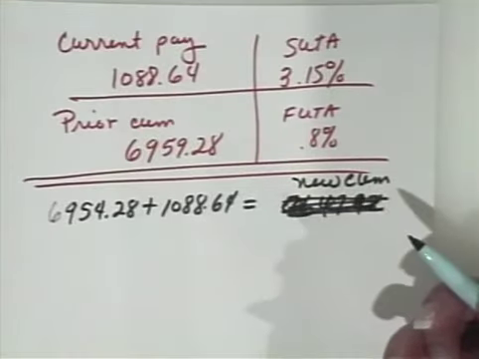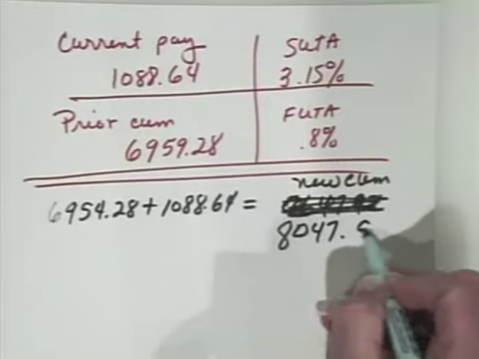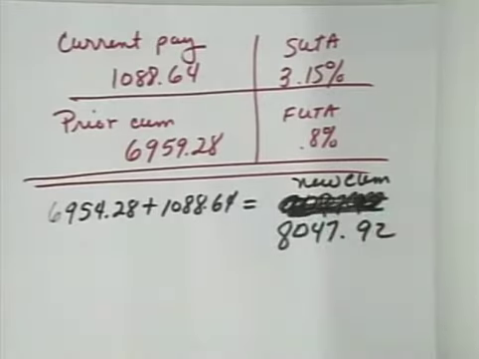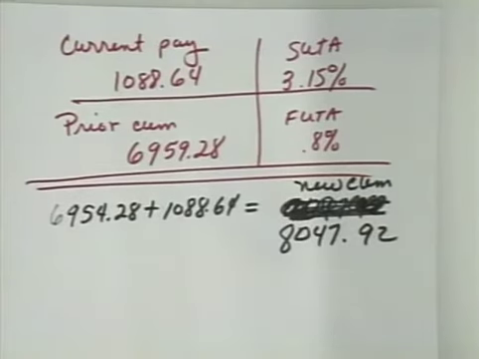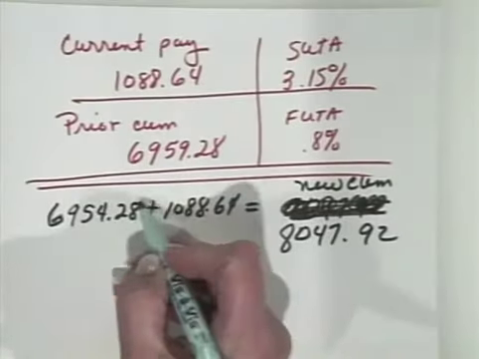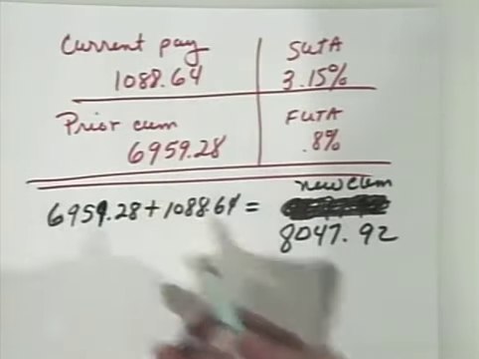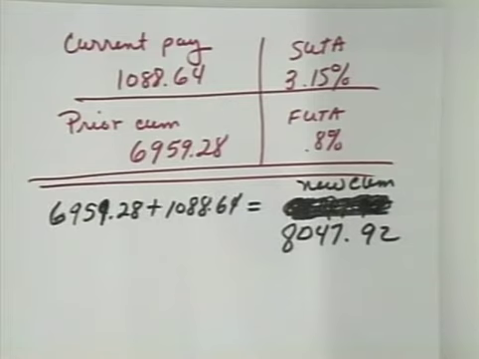It's okay, we all make mistakes. 8047.92. One more time: the prior cum was 6959.28, and we're adding 1088.64 to it. New cum will be 8047.92.